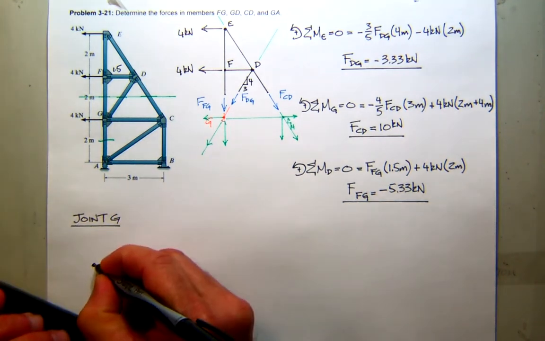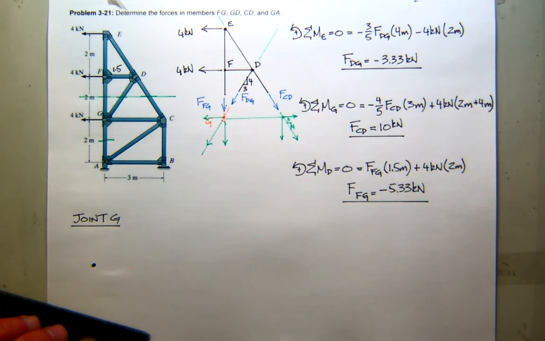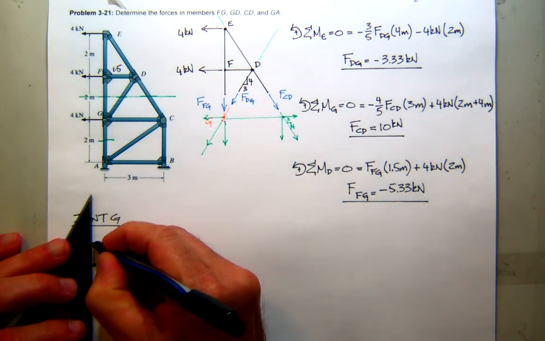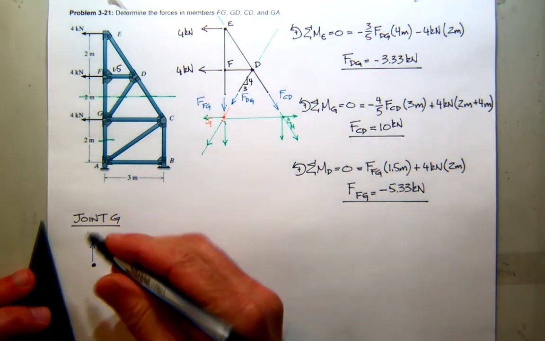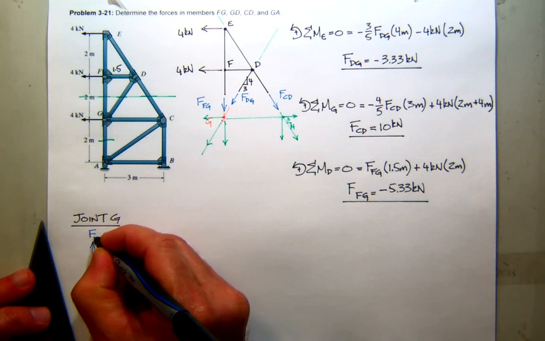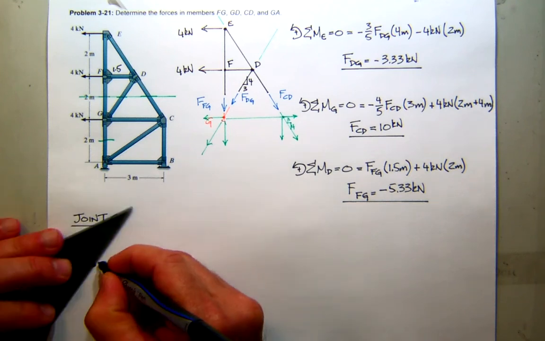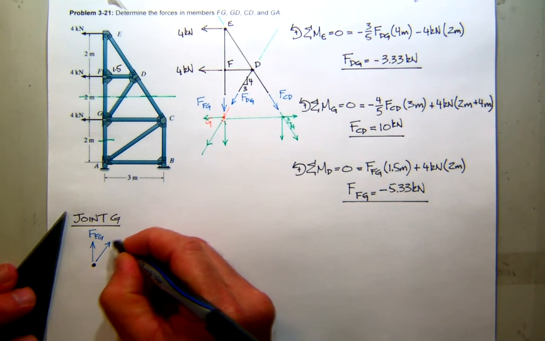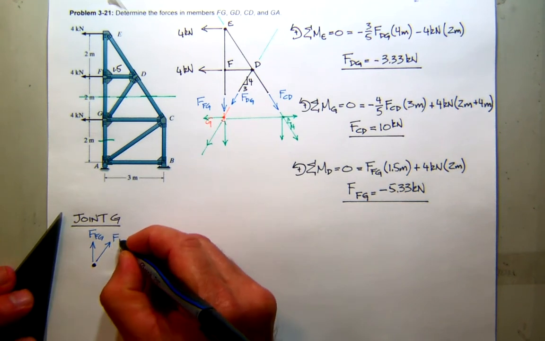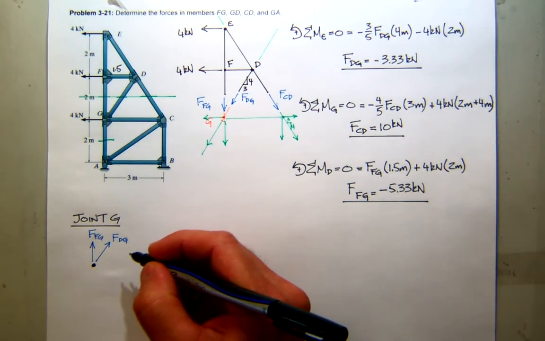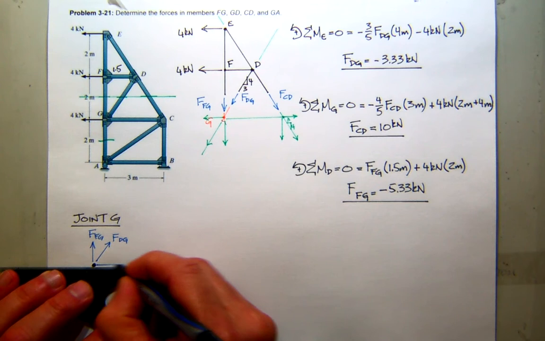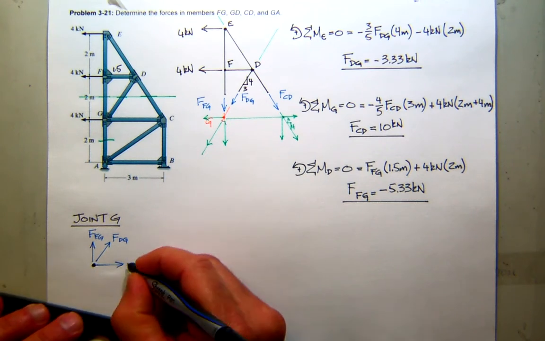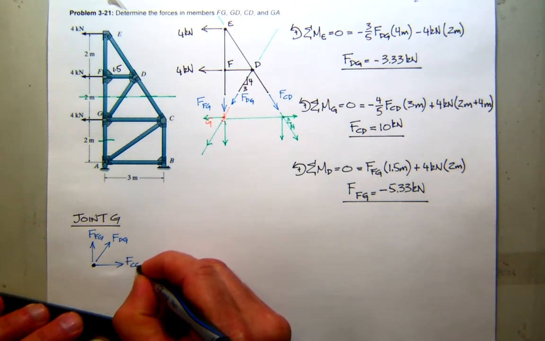So there is my G. We've already found a value for the force in FG and the force in DG. There's another one that I'm not interested in right now that would be to the right. That would be the force in CG.